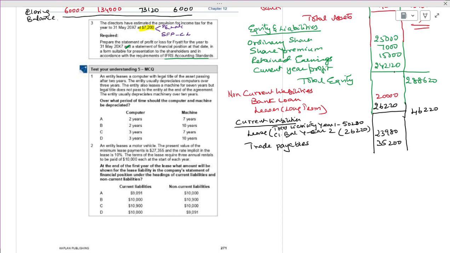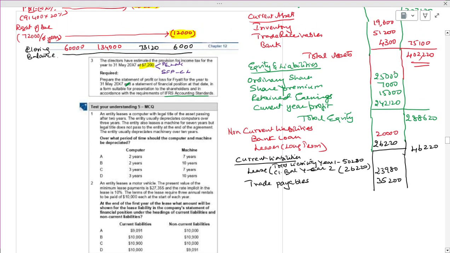Next, anything we have to write? Anything missing?